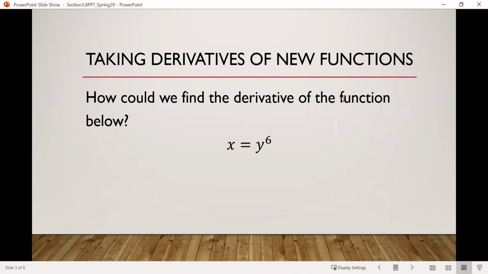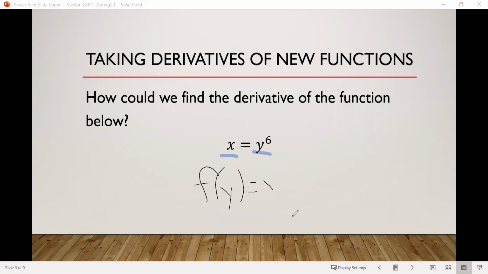So with that in mind, one way we might think about taking the derivative here is instead of having this function written as x equals y to the sixth, well, first of all, hopefully you would agree with me that the way it's written, it looks like y would be the input variable and x is the output variable here. And so we could write this as a function that instead of f of x could be f of y equals y to the sixth.